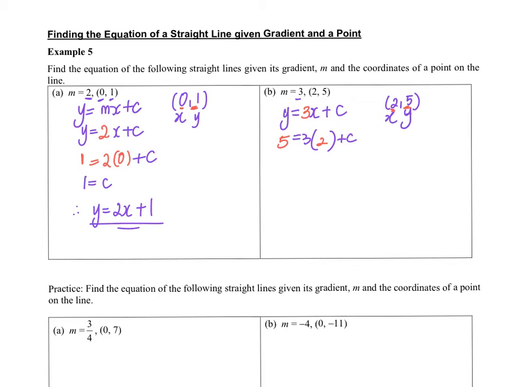So I'm left with an unknown c. So this is 5 equals 6 plus c. c will be equal to 5 minus 6, which is negative 1. So therefore, my equation is now y equals the gradient 3x, and now the c is -1. So this is my equation of the straight line.